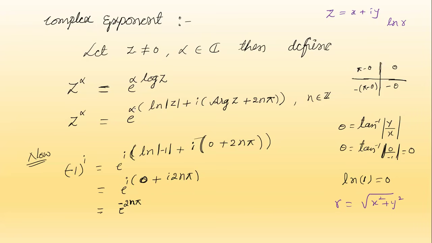Here e raised to alpha times ln r plus i times (argument of z plus 2n pi), where n belongs to the integers.